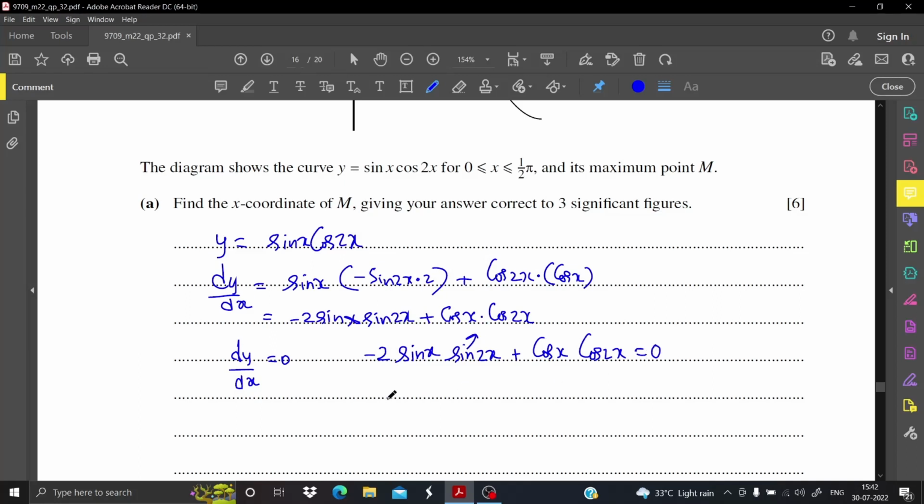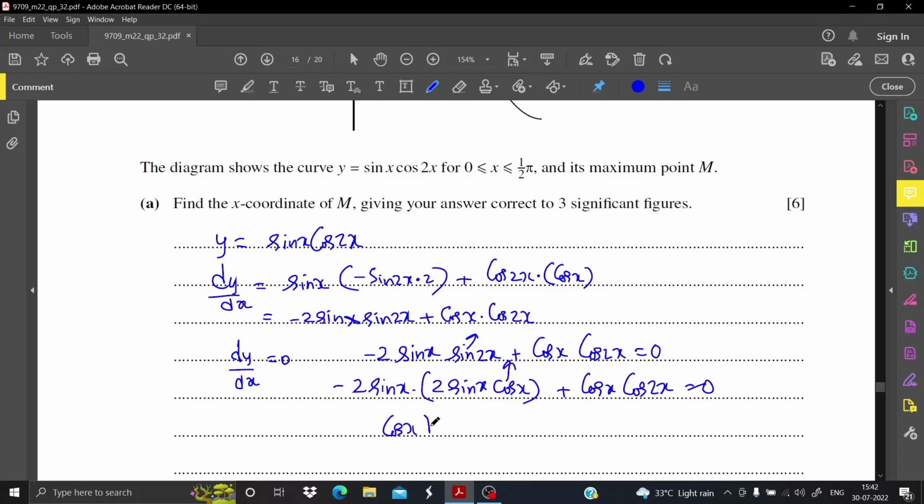So sin 2x, use the double angle formula. Minus 2 sin x into 2 sin x cos x plus cos x cos 2x. So here I see cos x common.